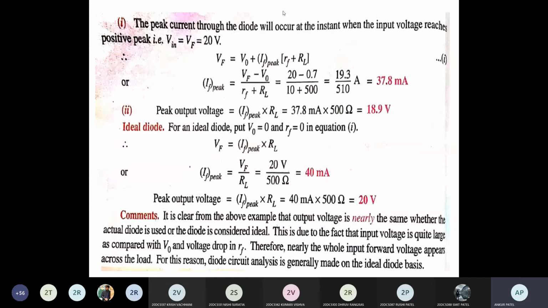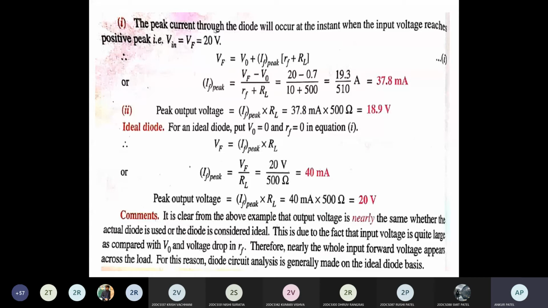Now, the peak current through the diode will occur at the instant when the input voltage reaches its positive peak. So Vin is equal to VF is equal to 20 volt.